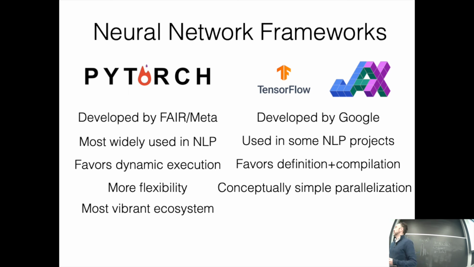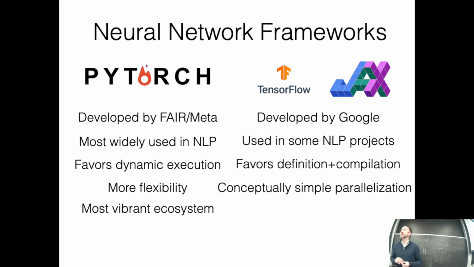So neural network frameworks. There are several neural network frameworks, but in NLP nowadays, I really only see two, and mostly only see one. The one that almost everybody uses is PyTorch, and I would recommend using it. If you're a fan of unusual programming languages and you like beauty and things like this, another option might be JAX.